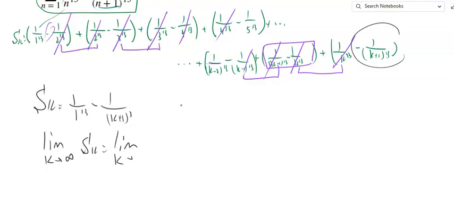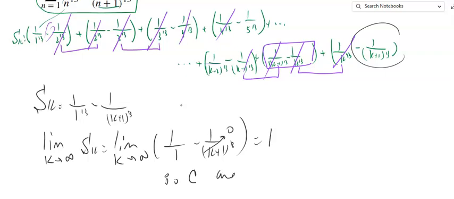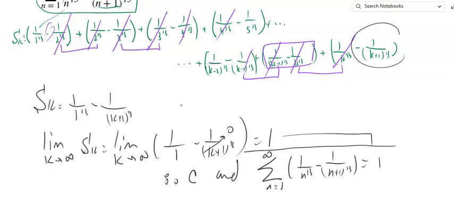That's the limit as k approaches infinity of 1 over 1 minus 1 over k plus 1 to the 13th power. Now, as k approaches infinity, isn't that 0 and you end up with 1? You say, therefore, it converges, and the series from n equals 1 to infinity of 1 over n to the 13 minus 1 over n plus 1 to the 13 equals whatever you get there.